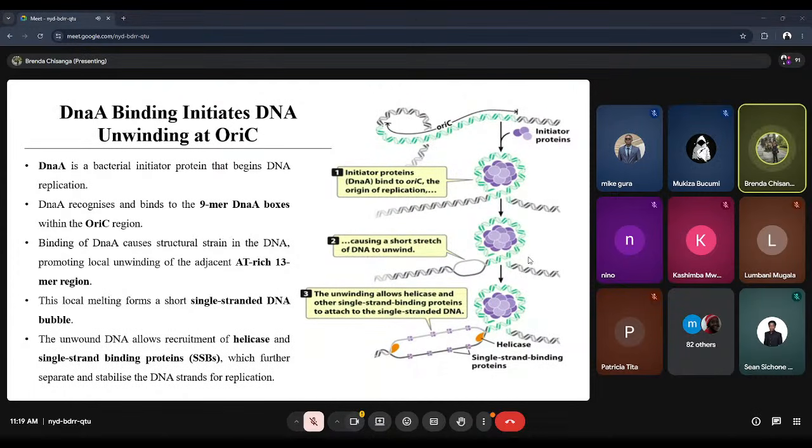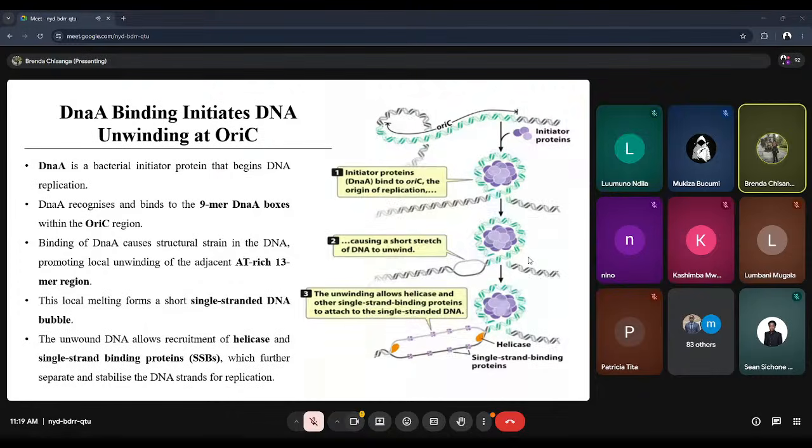The DnaA box in the 9-mer of the origin of replication acts as a site where DnaA can bind. DnaA is a bacterial initiator protein that begins DNA replication.